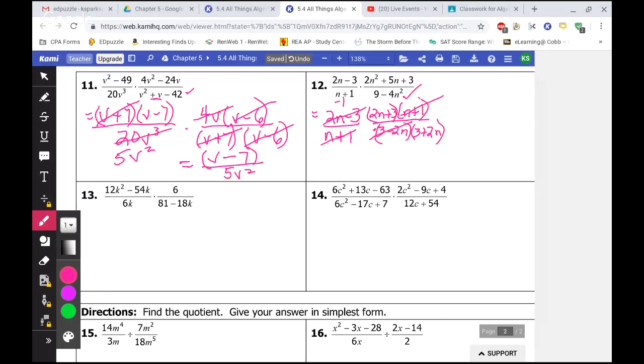and let me clarify something here. That's the only one that works with the -1. With addition, so you have 2n plus 3 over 3 plus 2n.